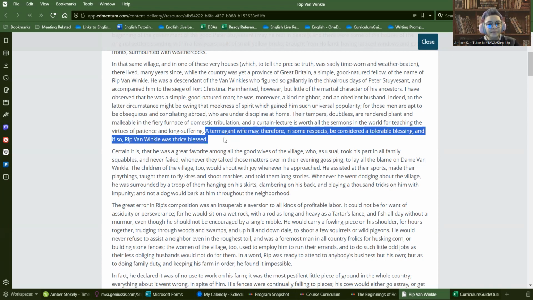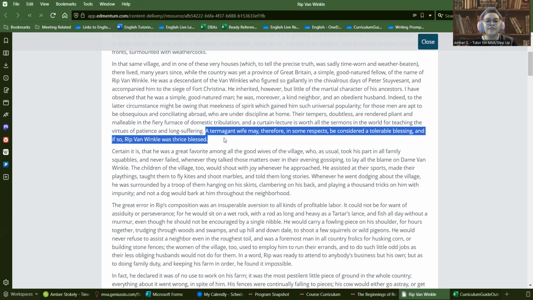It basically is saying that since he's been taught to be this way by his family, it could be considered a blessing that his wife is the sort of person to just be that way with him. So basically, they're describing that his wife is well suited to him because this is the personality that he has.